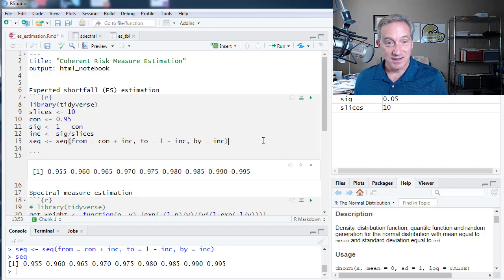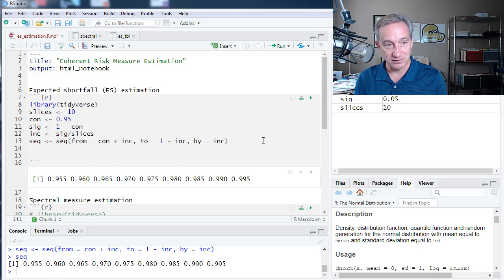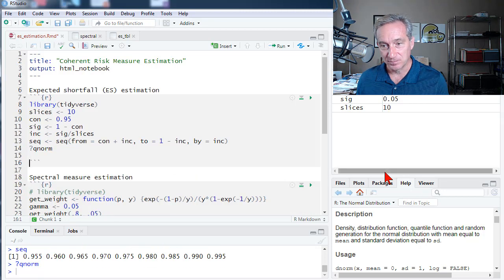And now the estimation of shortfall is just taking an average of the quantiles. So this ends up being really simple at this point because I can just use the qnorm command built into base R, or really stats R. If we want to take a look at that, I can do question mark here to get the help.